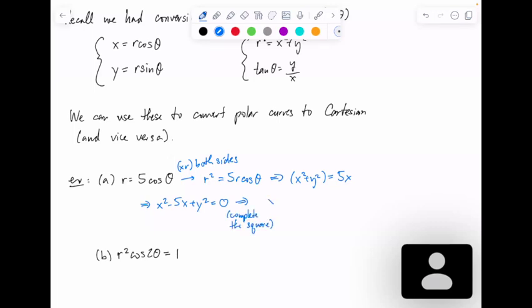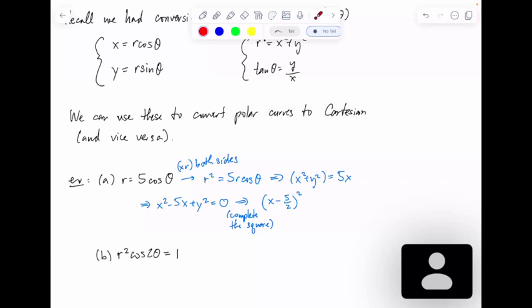Well, this is going to be x minus, how do you complete this square? So there's 5 over 2, right? Is that right? Yeah, okay. So let's see what I did here. If you square this, this is going to be x squared minus 5 over 2 x, minus 5 over 2 x again.